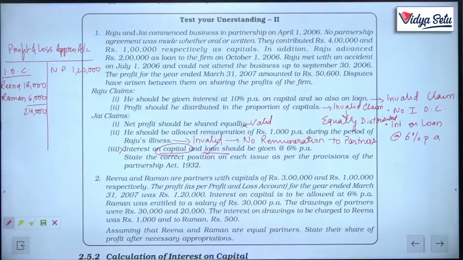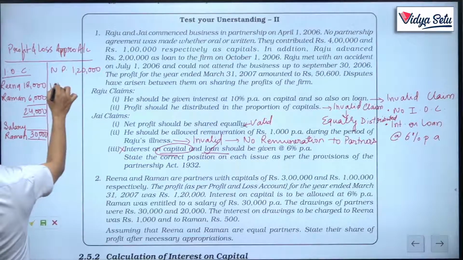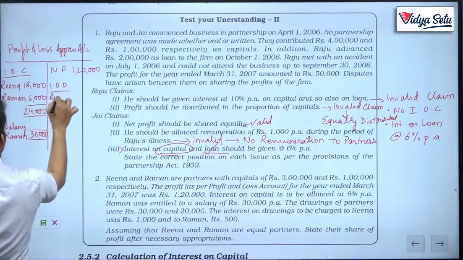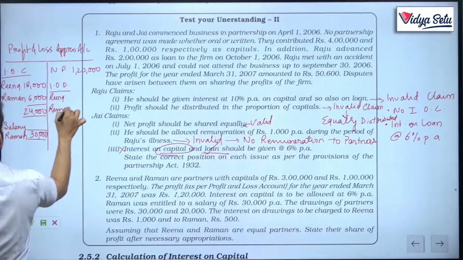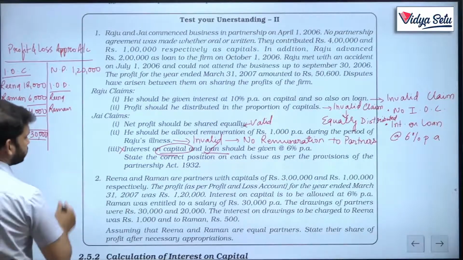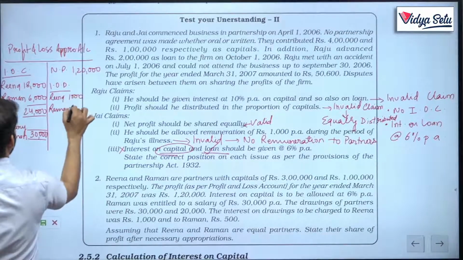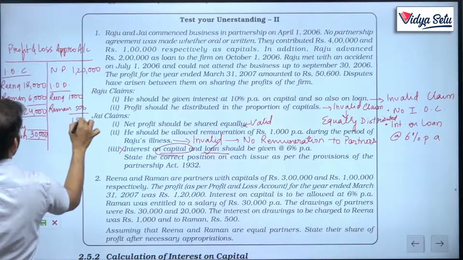Then salary. Raman was entitled to a salary of 30,000 per annum. Then drawings we do not care about, but we do care about interest on drawings. That was interest on drawings, Reena and Raman, 1,500.